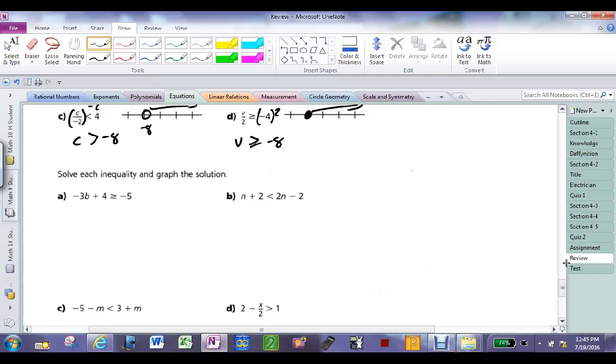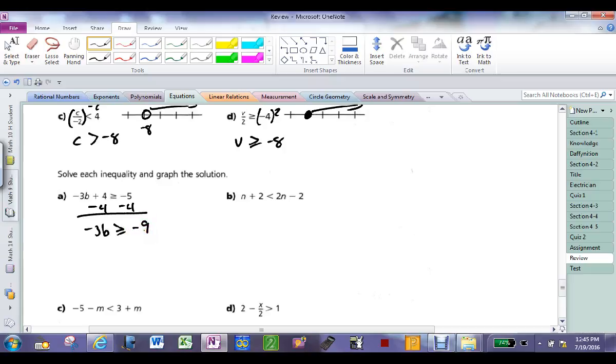Solve each and graph. One letter. So do I deal with the letter or the numbers first? Numbers. How do I get rid of adding 4? Subtract 4 from both sides. I've only subtracted. Does the sign change? Now what?